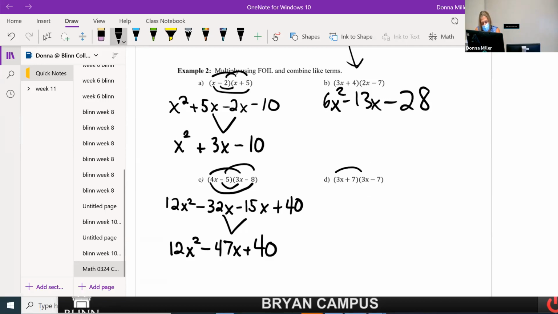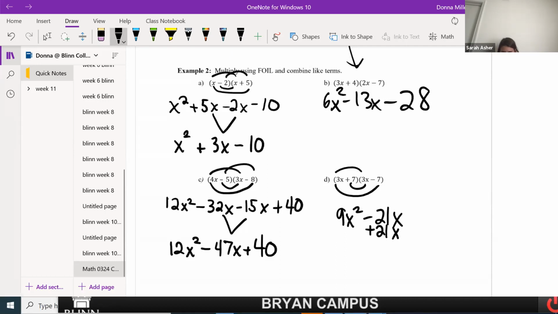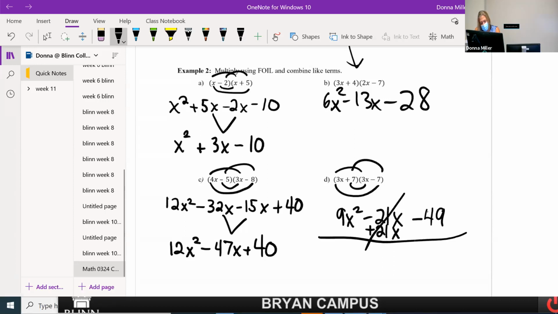First would be 9x squared, outside, negative 21x, inside, 21x, last, negative 7 times 7, 49. There you go. All right, so if I add those together, those cancel. 9x squared minus 49.